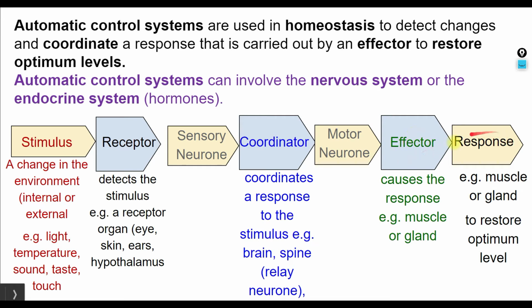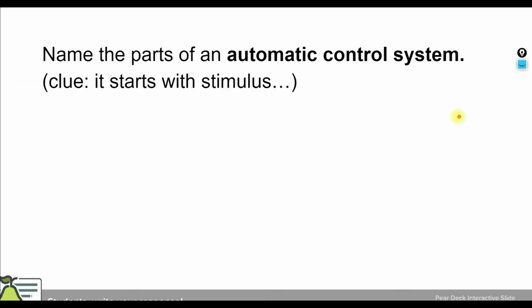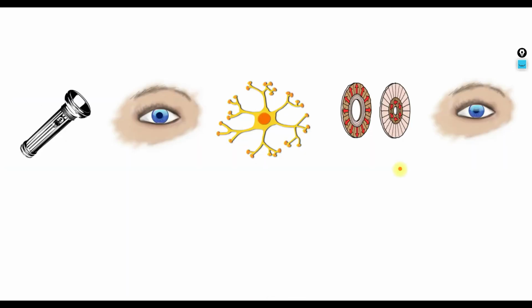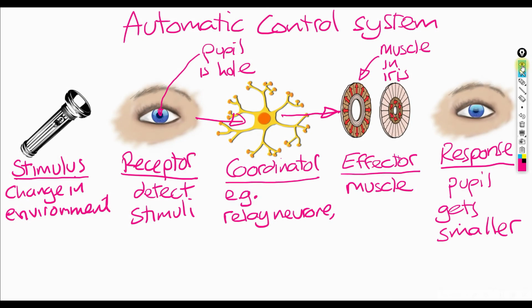And the effector causes a response. That's what it is. Stimulus goes to receptor. And if it's a nervous system thing, it's a sensory neuron, coordinator, motor neuron, effector. If I wanted to be really simple, I'd just say this. Automatic control system starts with a stimulus, then receptor, coordinator, effector, response.